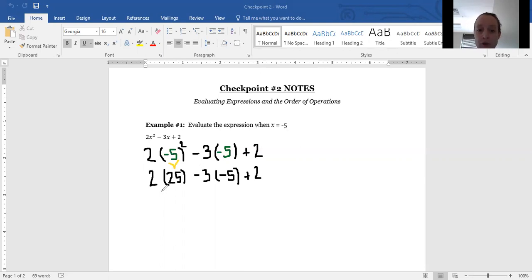Well, I have 2 multiplications here. I have 2 times 25, and I have -3 times -5. So I'm going to do my multiplication. 2 times 25 is 50. And -3 times a -5 is a +15. And then I have this +2 hanging out here.